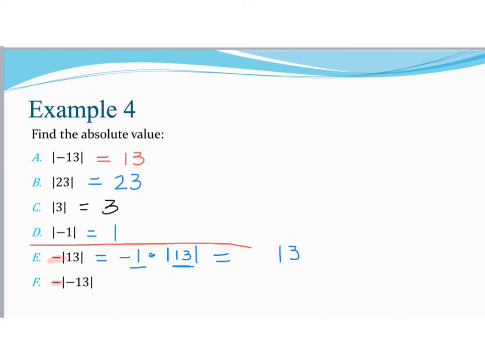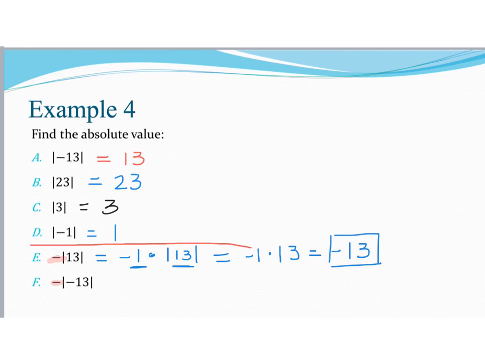Then I do my multiplication. Negative 1 times 13 gives me a negative 13. So this is my final answer for part E.